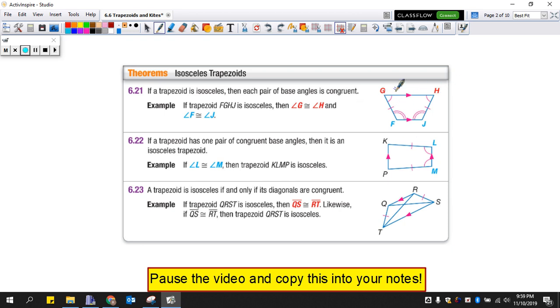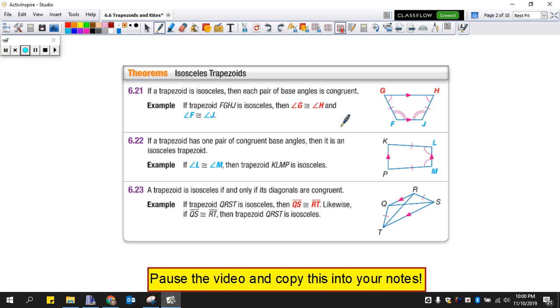So the base angles that are formed by GH are congruent, because it's an isosceles trapezoid. G and H are going to be congruent, and the base angles formed by the base FJ are congruent with each other, but not with GH.